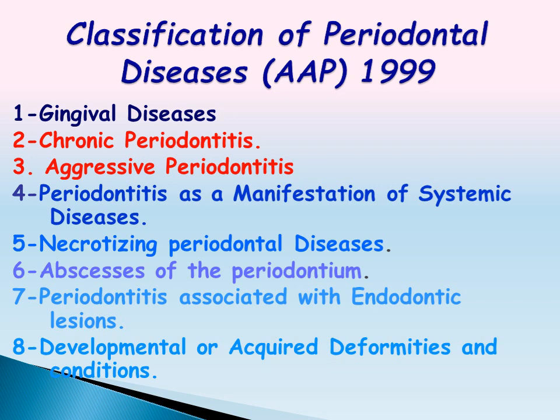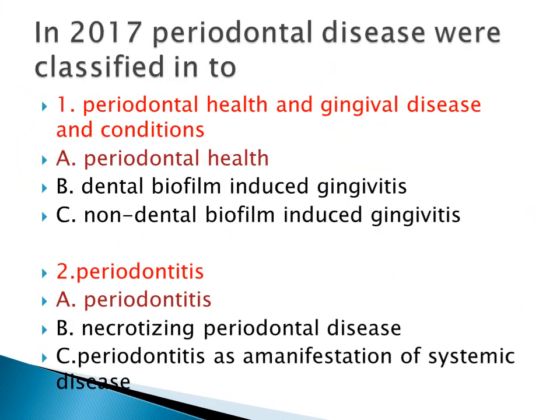Also, periodontitis was classified into chronic periodontitis and aggressive periodontitis, in addition to periodontitis as a manifestation of systemic diseases. In 2017, periodontal disease was classified again in a major and important classification system, with several differences from the previous classification systems.